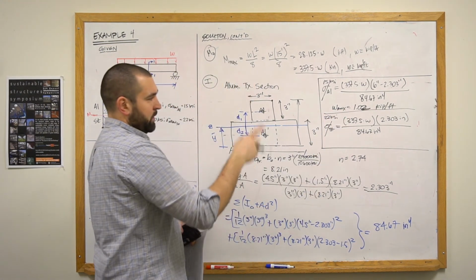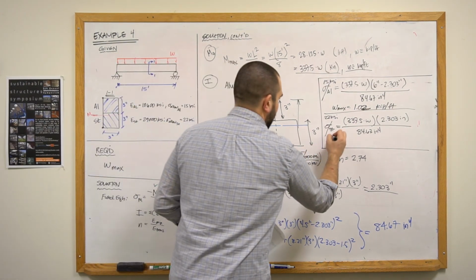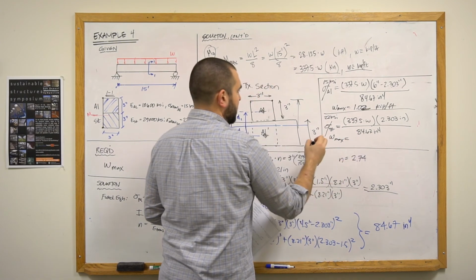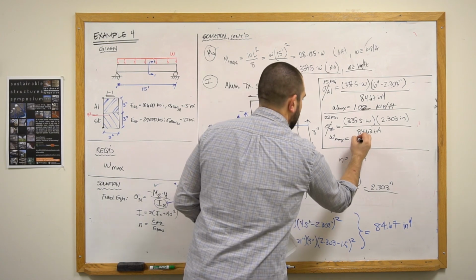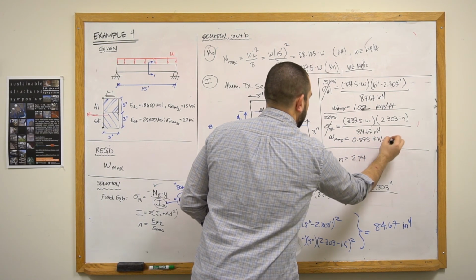So same exact process, I rearrange it a little bit. I solve for what the maximum distributed load intensity is in the steel, and I get 0.875 kip per foot.